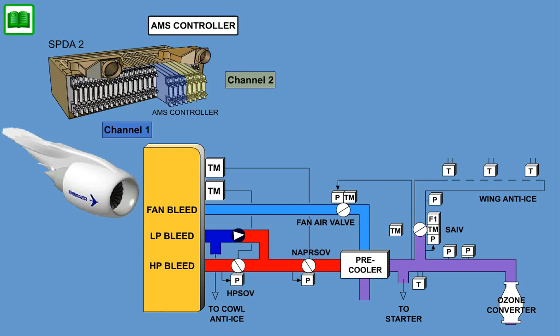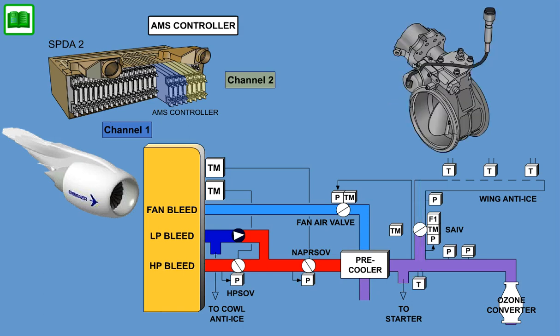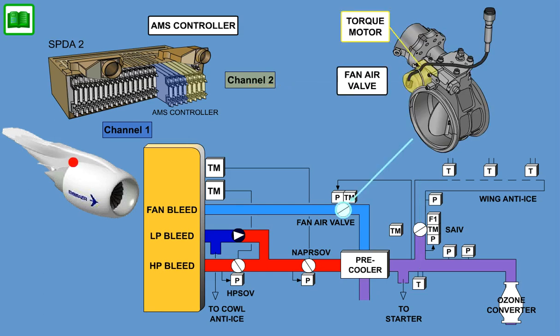The AMS controller receives electronic feedback from the manifold temperature sensor to determine actual temperatures exiting the right and left bleed systems, and from the temperature sensor downstream of the anti-ice valve to control duct temperature when anti-ice is on. The AMS controller will send a command signal to the torque motor of the fan air valve to regulate the flow of cold fan air across the precooler.